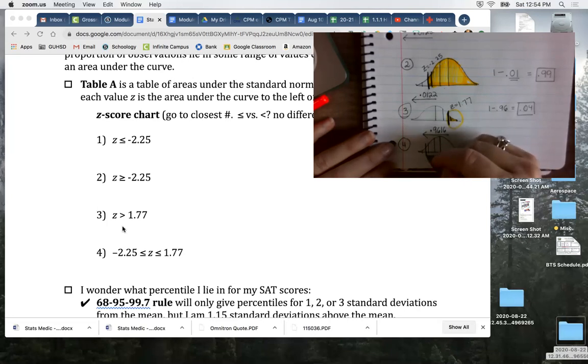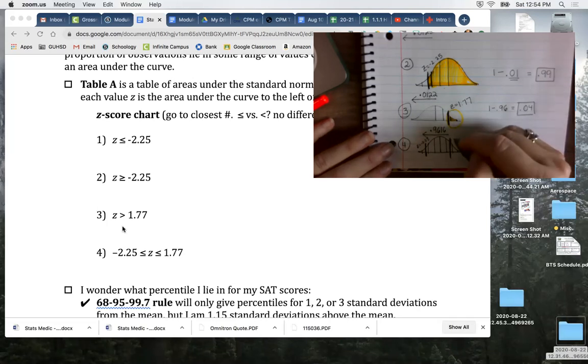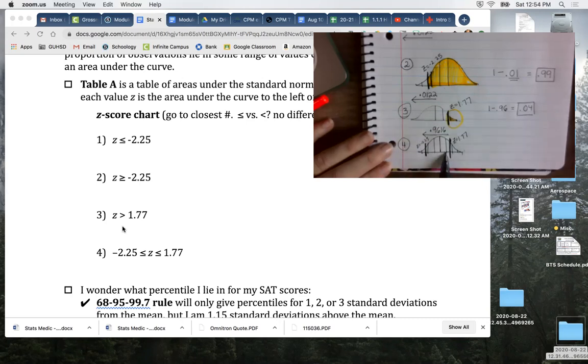So down here, we've already calculated that one, the z-score of negative 2.25, and what people are above or in between there and 1.77, z equals 1.77. So you'll notice that was 1 standard deviation, that's 2, it's closer to 2. So what percentage of people scored in between those two values?